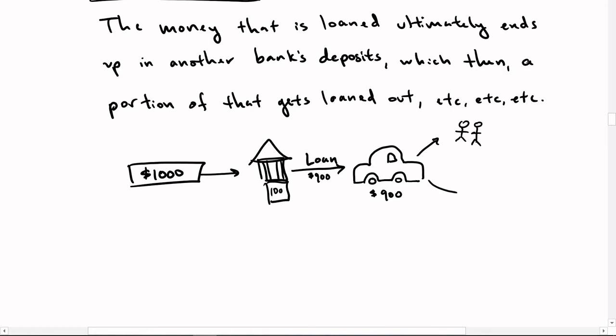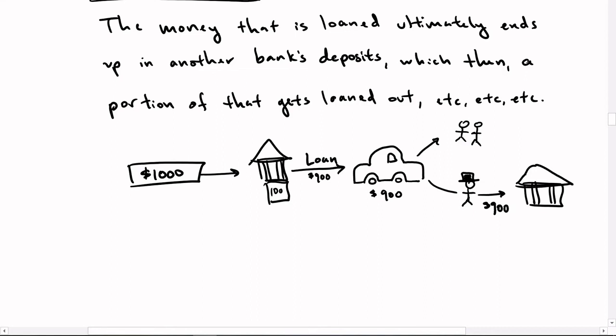But then the car dealer, how do I draw a car dealer? This is the car dealer. He's got a top hat on. The car dealer is going to take his $900 to, it could be the same bank. Actually, let's call it a different bank. So this is another bank.